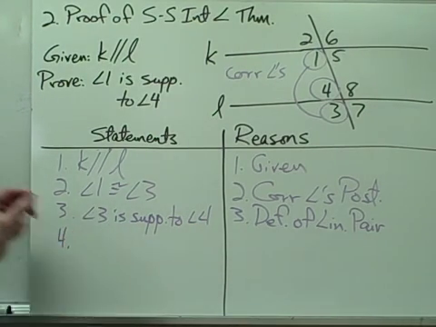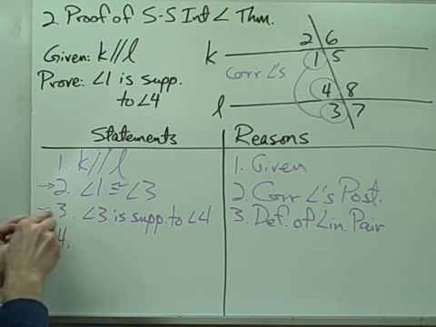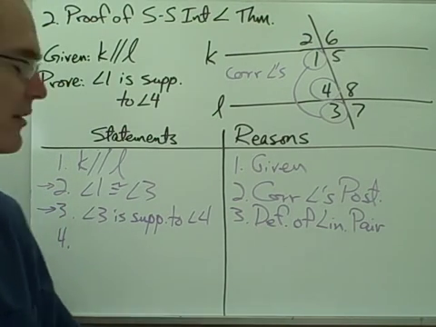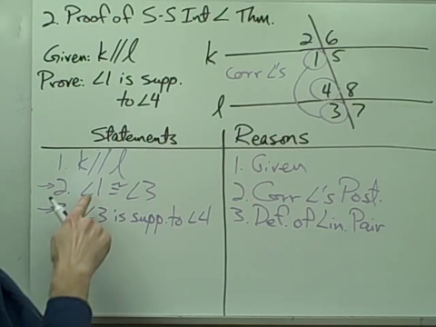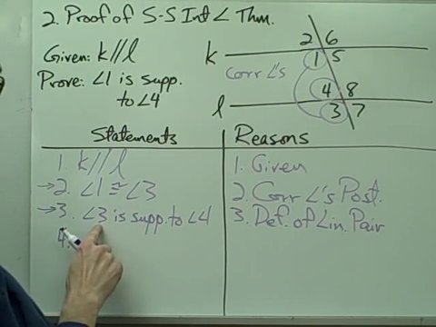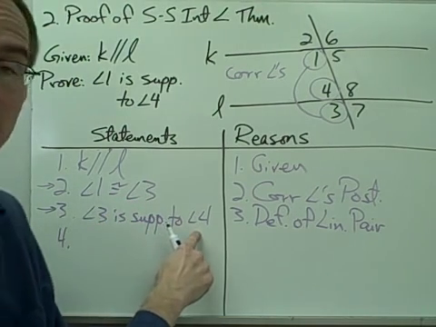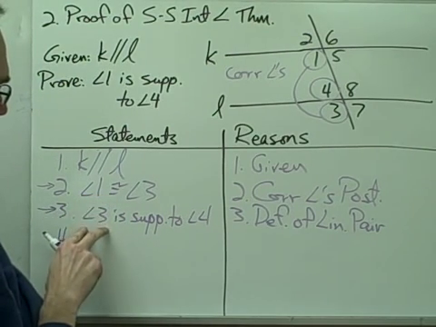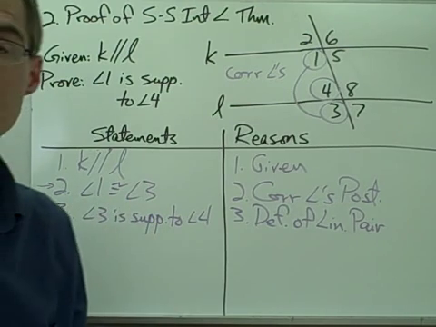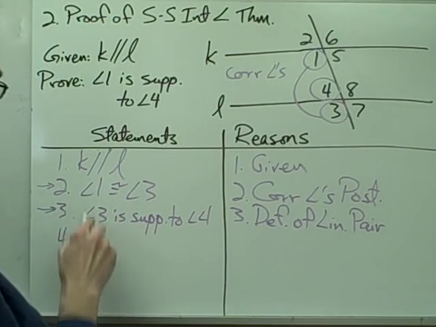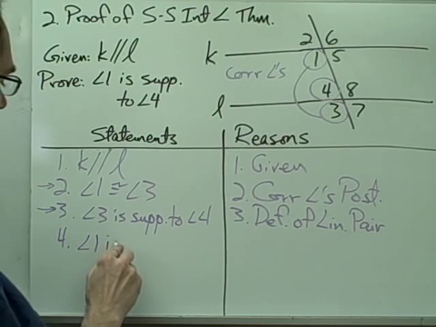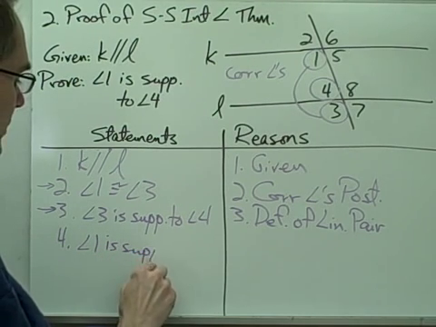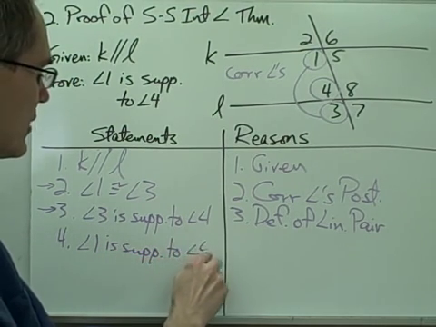Well, now, once again, I'm going to take these statements and put them together to make a new statement. Since angle 1 is congruent to angle 3, and since angle 3 is supplementary to angle 4, I can substitute angle 1 for angle 3. Since angle 1 and angle 3 are congruent, I can substitute that. So I'm going to be able to say angle 1 is supplementary to angle 4.